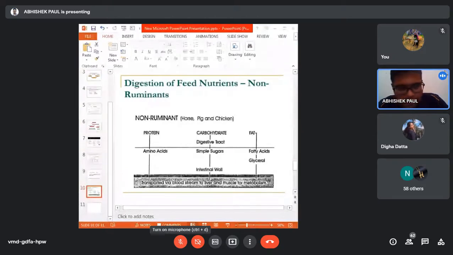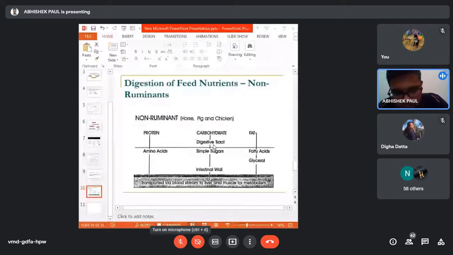Now, this is the final slide. It is showing the end product of digestion in horse, pig, and birds, chicken. The end product of carbohydrate digestion is simple sugar. Sugar means glucose, and this glucose is the source of energy.